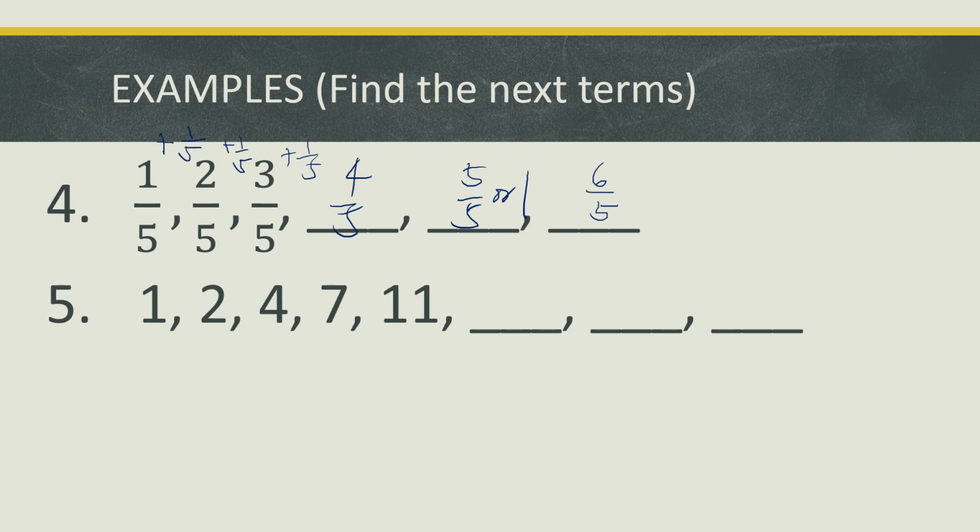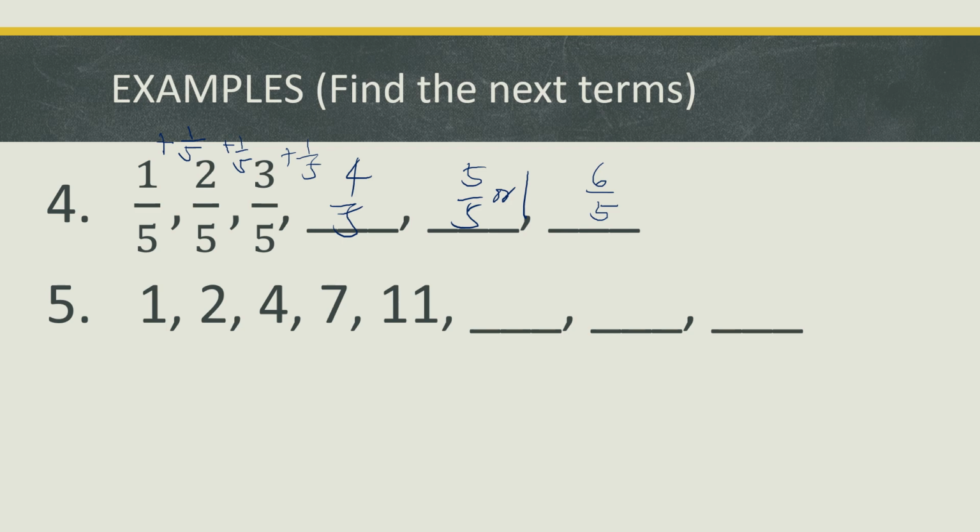So for us to get the next 3 terms, we have to know the pattern. Sometimes the pattern in a sequence is not just by adding, subtracting, multiplying, or dividing. You have to explore the pattern. So i-explore natin yung pattern. So i-observe natin that the pattern 1 becomes 2.